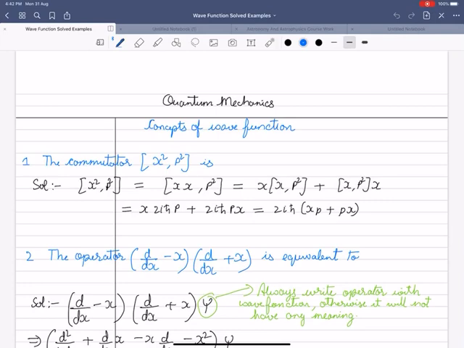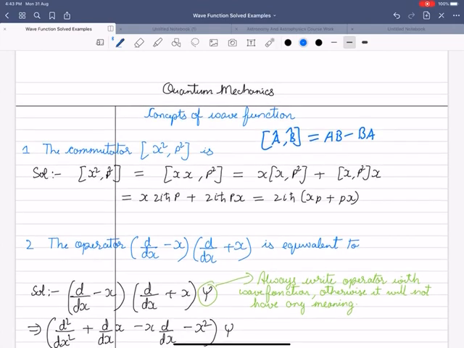So all of you know that the commutator of operator A comma operator B is given by AB minus BA.